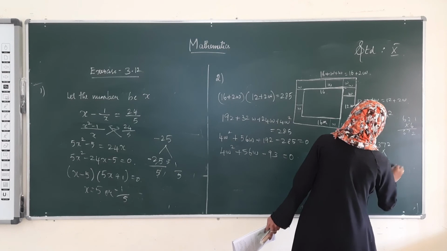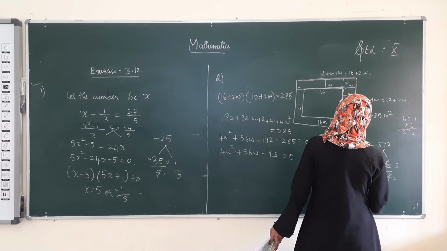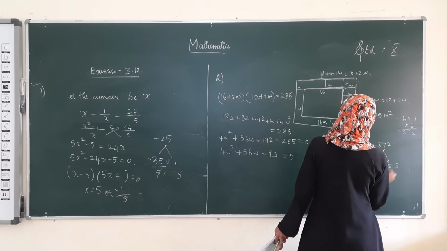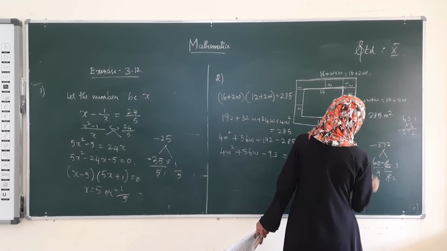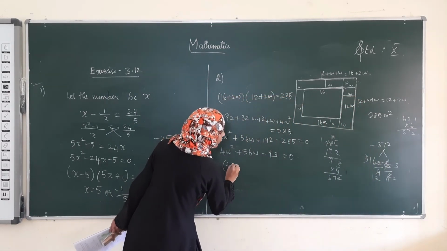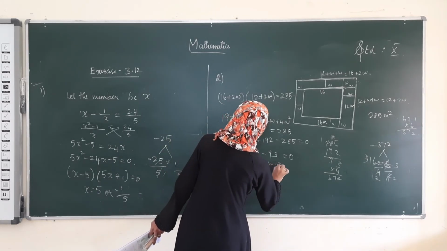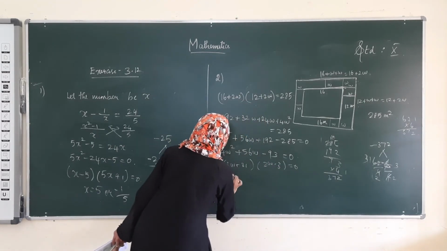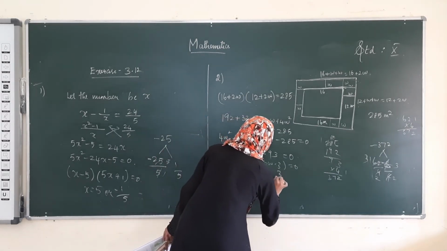This can be written as 2W plus 31 and 2W minus 3 equal to 0. Therefore, W's values will be minus 31 by 2 or 3 divided by 2.